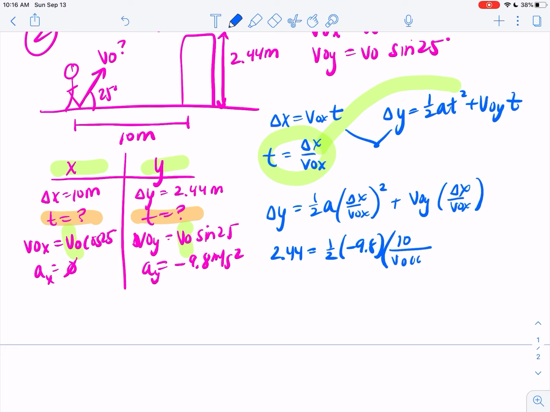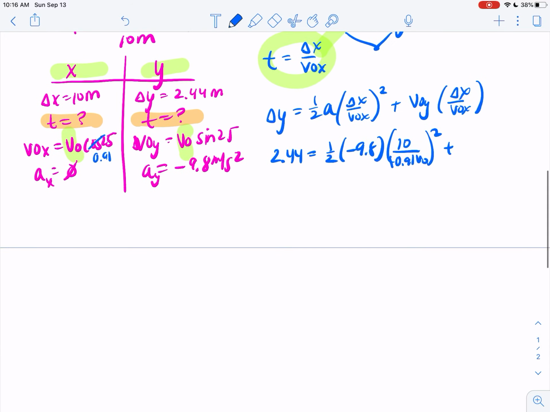V naught cos 25 is a number, so I'll just put that as a number: cos 25 is 0.91. So I have 1/2 times negative 9.8 times (10 over 0.91 V naught) squared.